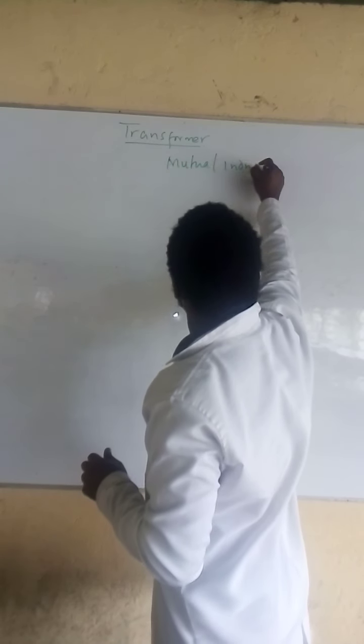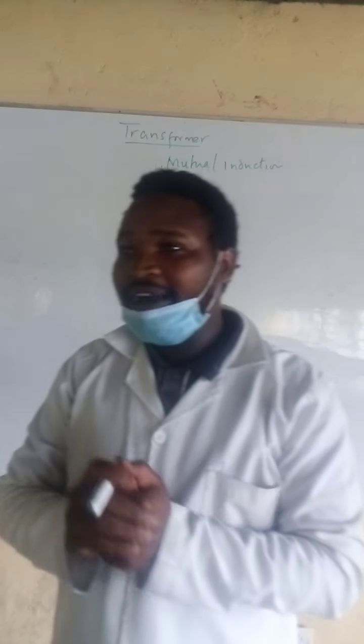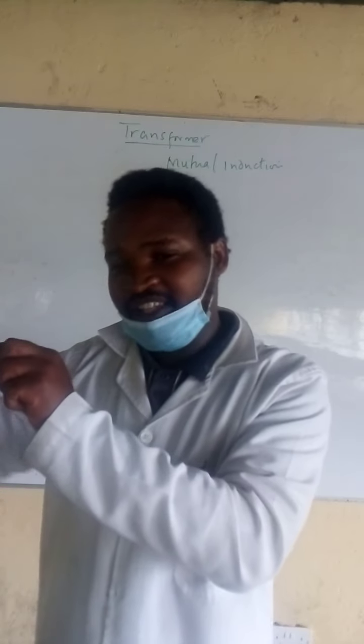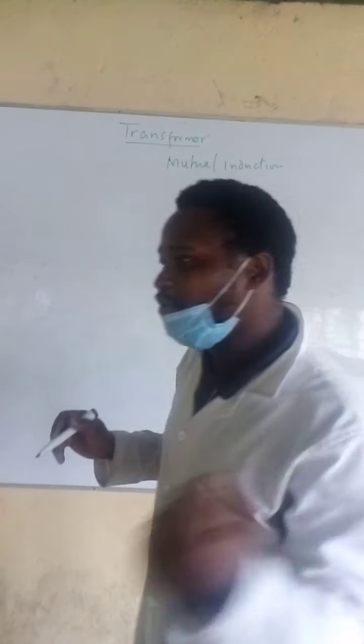So we have a coil where we have the power which is an AC, it is fed in the primary coil, and then we have the secondary coil where we shall induce an EMF in the secondary coil by induction.